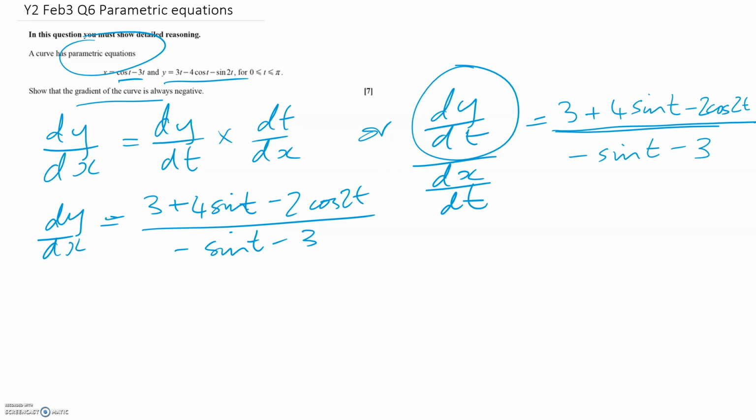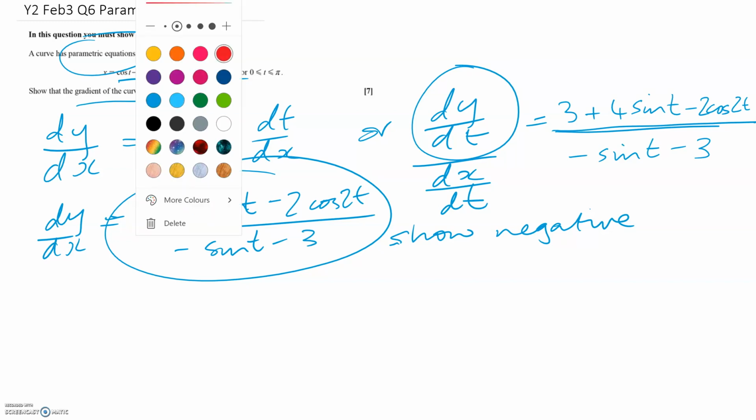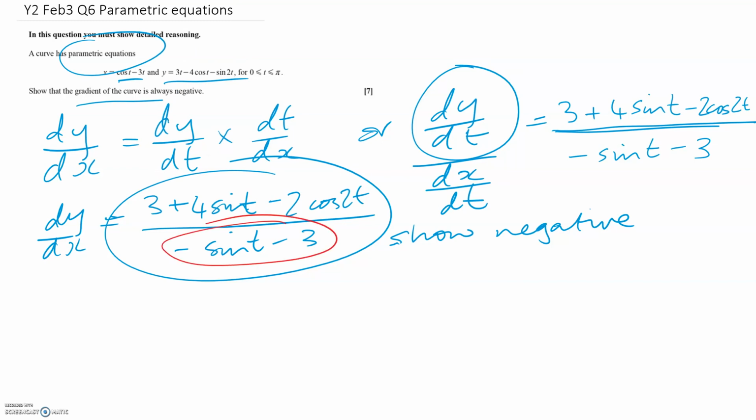Now somehow we need to show that all of this is negative. How are we going to show that? Well, we need to show that either the numerator is always positive and the denominator is always negative, or the other way around. Just by looking at this, I think you can see that if we look at the denominator, sine t is always between minus 1 and plus 1.